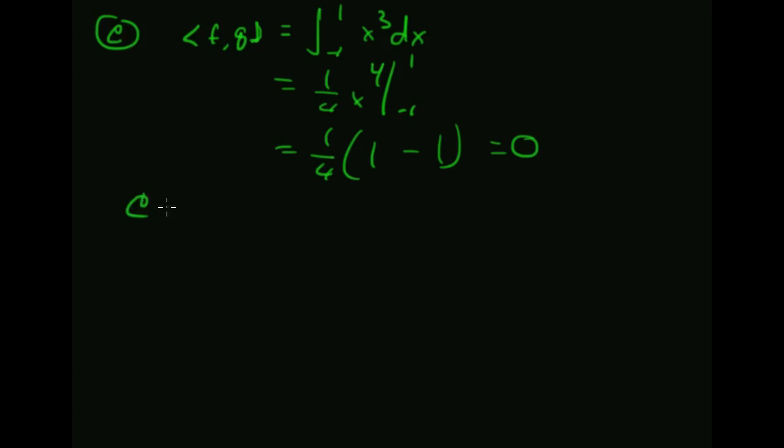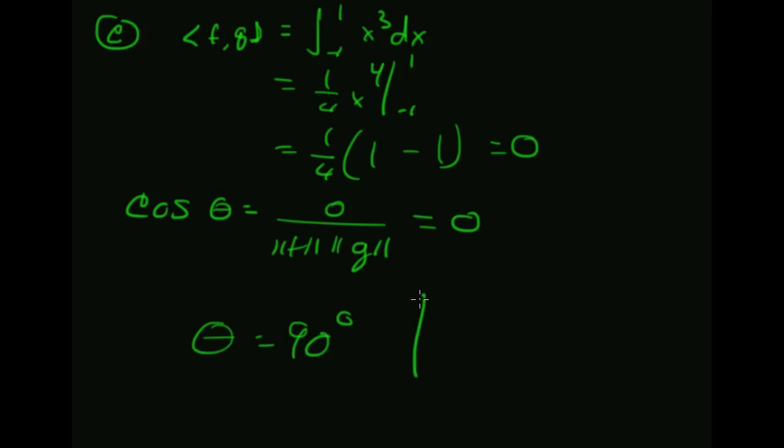So this means that the cosine of theta is 0 over the norm of f times the norm of g. Neither of these is the 0 vector, so that's 0, which again means that theta is either 90 degrees or pi over 2 radians, because these vectors are somehow considered orthogonal.